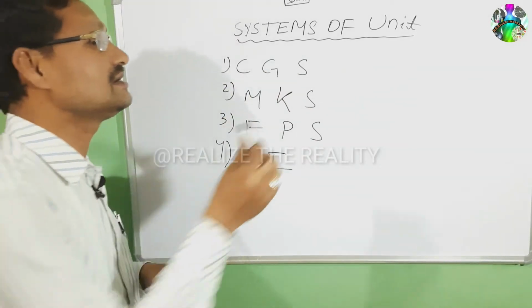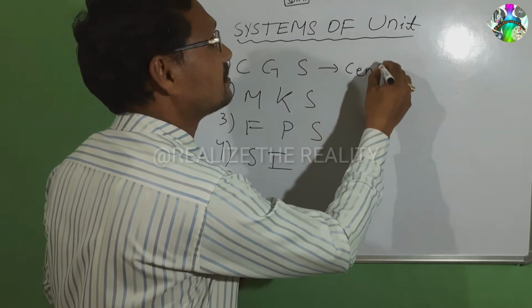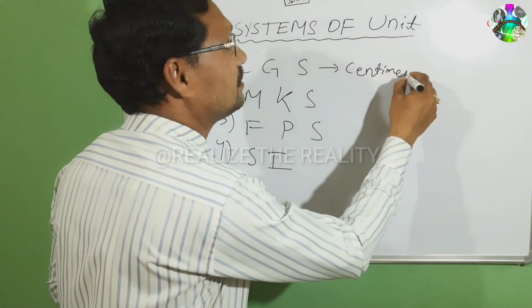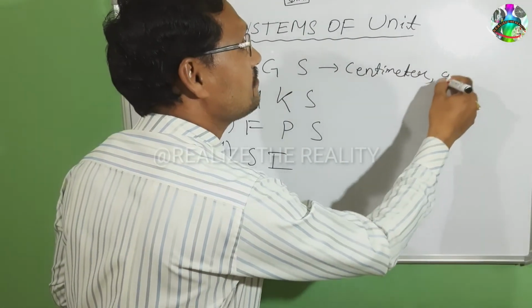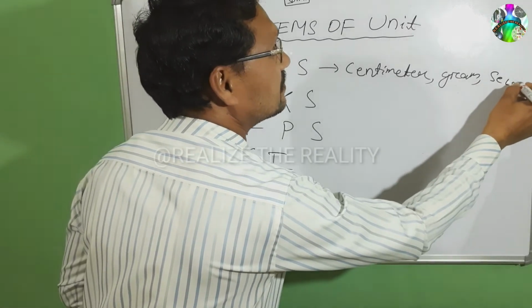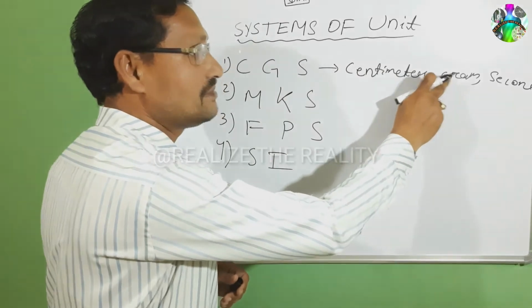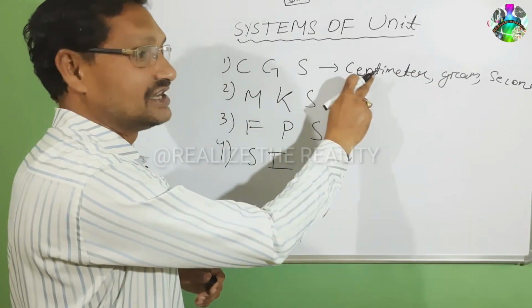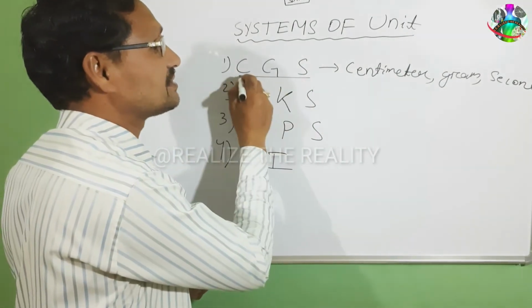C stands for centimeter, G stands for gram, S stands for second. So when the mass is expressed in gram, distance in centimeter and time in second, it is a CGS system.